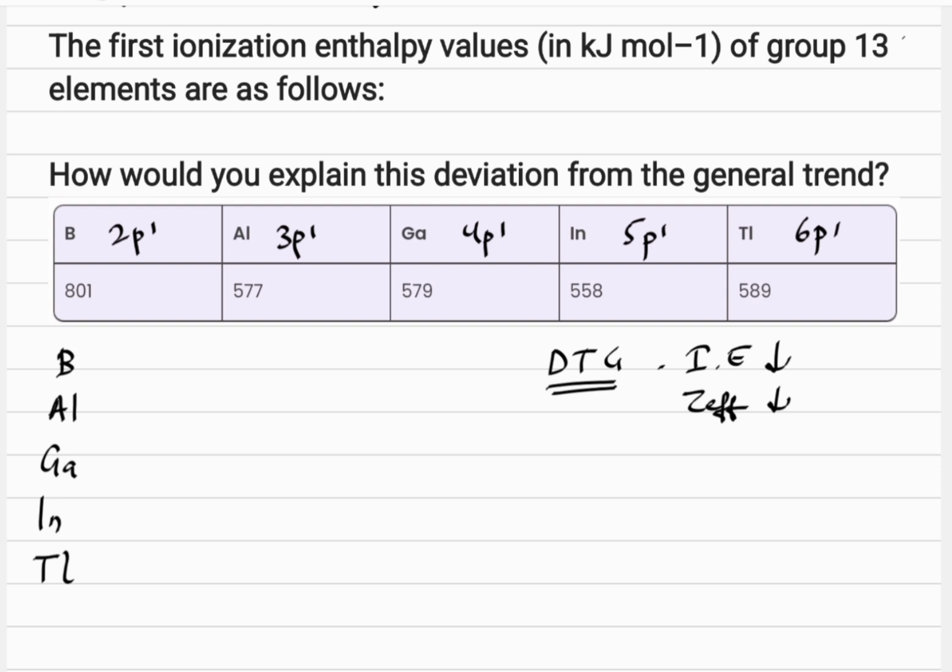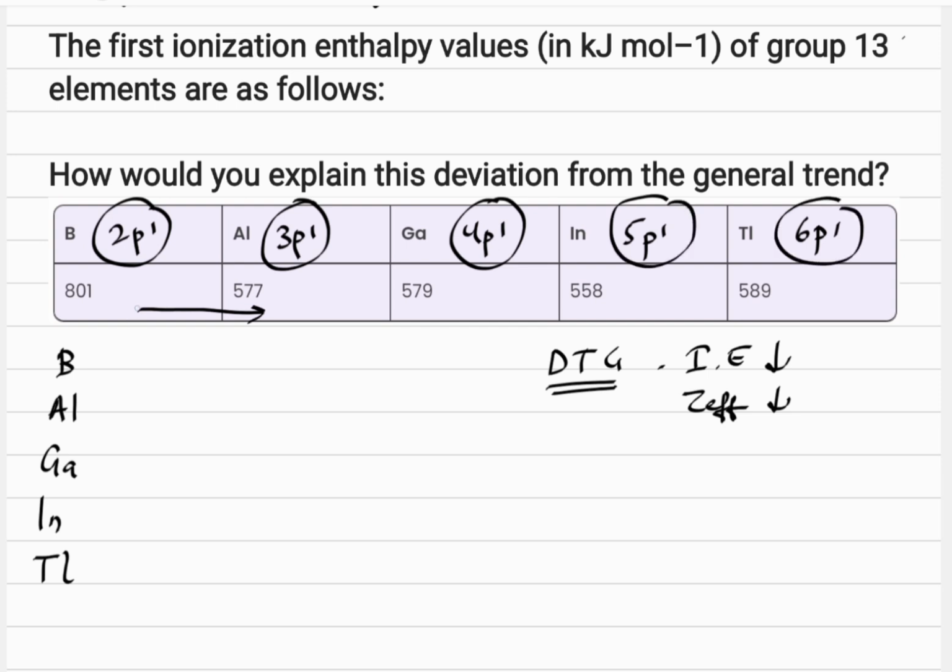So less and less energy is required to remove the most loosely bound electron in the atom as we go down the group, right? That is the general trend. And we see that general trend being followed as we go from boron to aluminium. Here I've written the outermost configuration for each one of them.